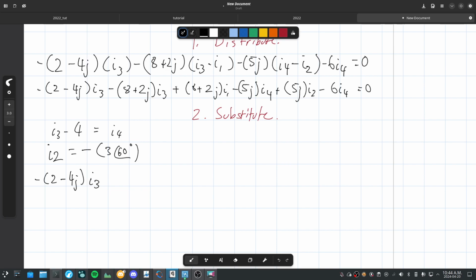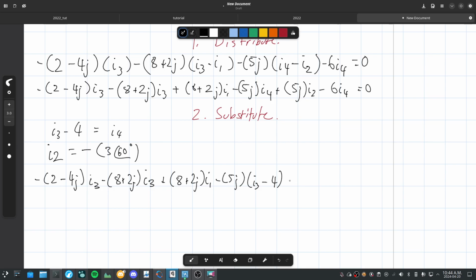minus, actually let's collect this. No, let's stick with the process. Just stick with the process, you'll get it right. Plus 8 plus 2j I1 minus 5j I3 minus 4. So let's see here.